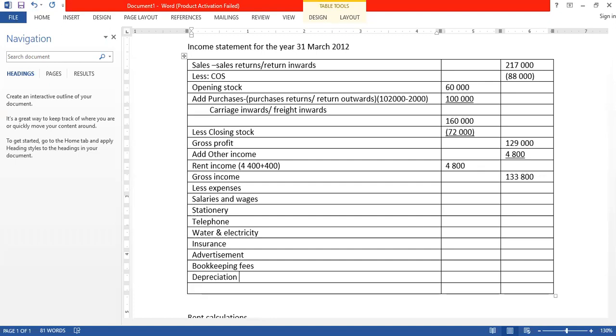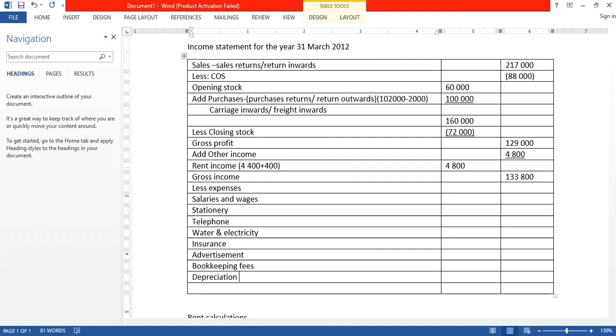So that is interest on loan, and it's an expense because it is something that you pay each and every month. Expenses are things that you pay each and every month while you are doing business.